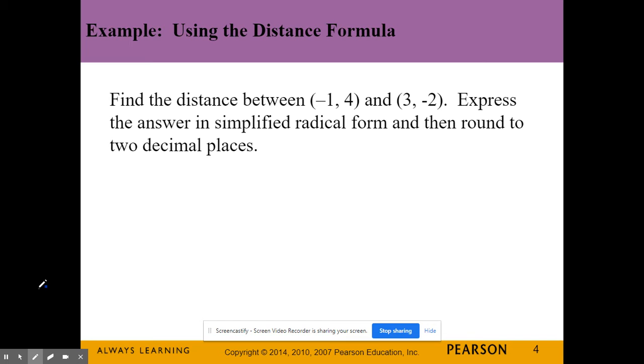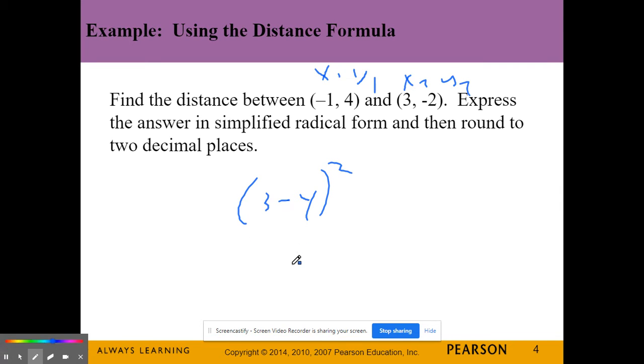So here you've got the x1, y1, x2 and y2. We're simply just going to substitute those points into the formula that we just talked about. So you have 3 minus 4, sorry, it's minus 3 minus 4 squared, and then plus y2 minus y1.